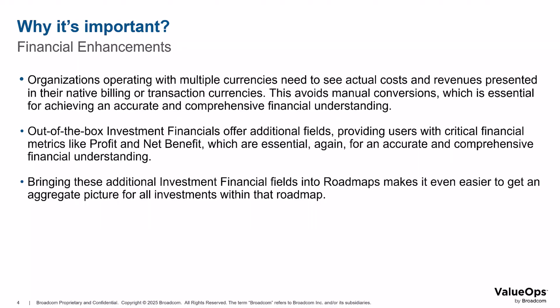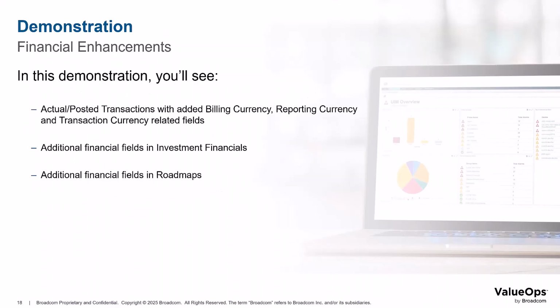Enhanced with additional fields, our investment financials now deliver critical metrics like profit and net benefit, ensuring a precise and thorough financial understanding. And integrating these financial fields directly into roadmaps simplifies gaining an aggregate financial overview of all the investments. Now, let's check out these new metrics through a short demonstration.